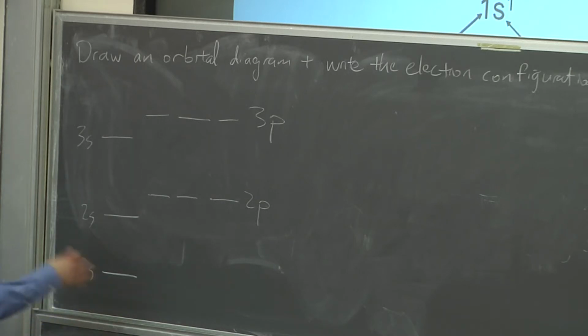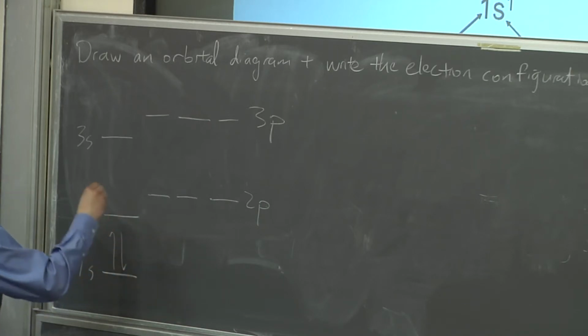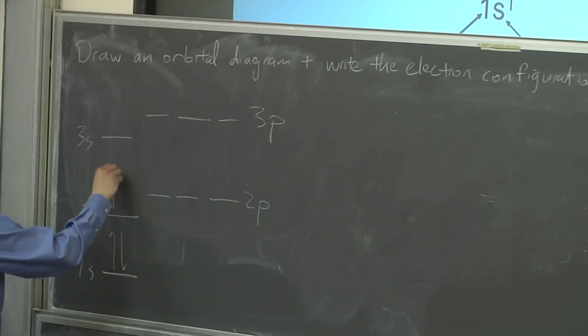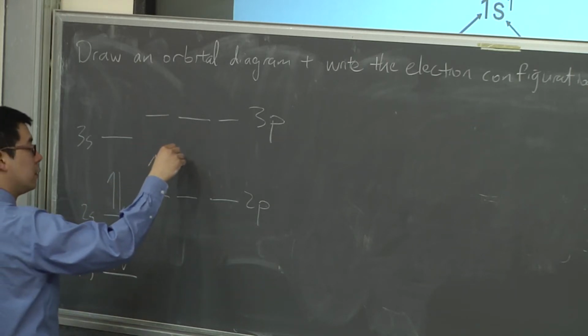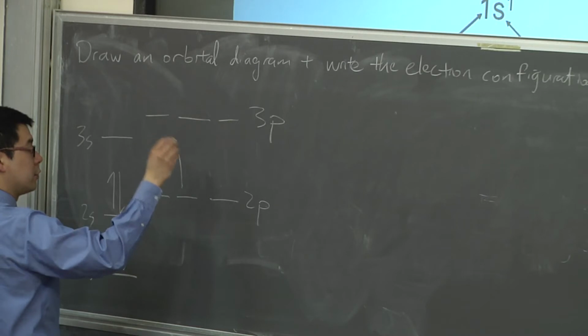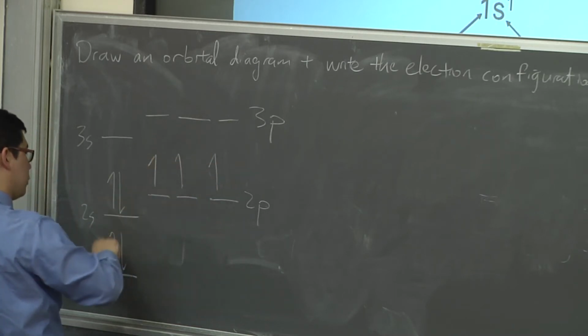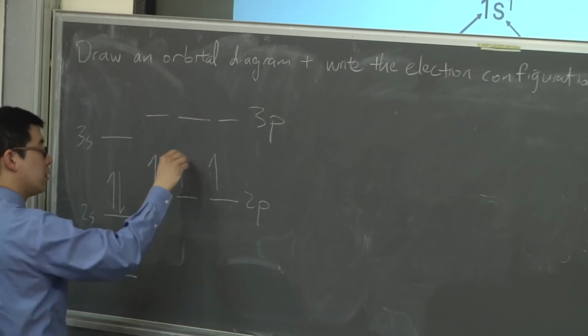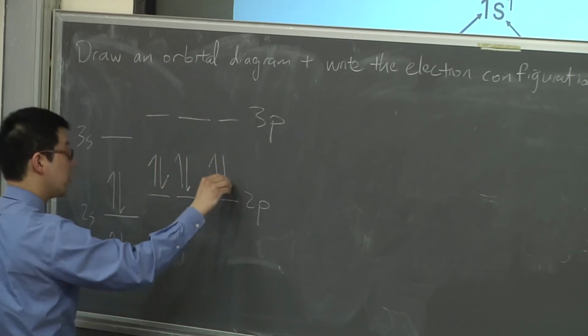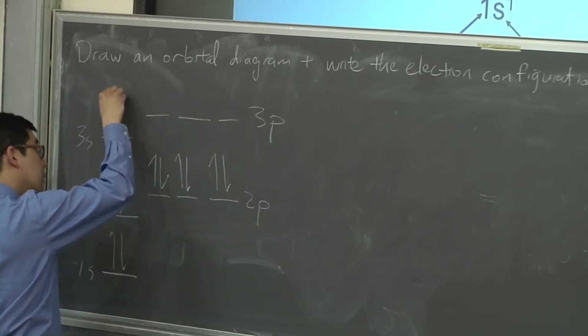So what are we going to do? We're going to fill in from the bottom up, right? So we're going to say 1, 2, 3, 4, 5. Where does the next one go? Up. 6, 7. 8, 9, 10, 11, 12.